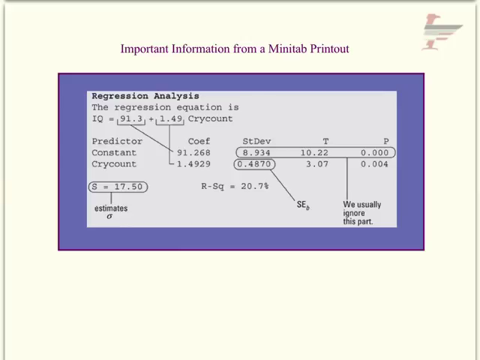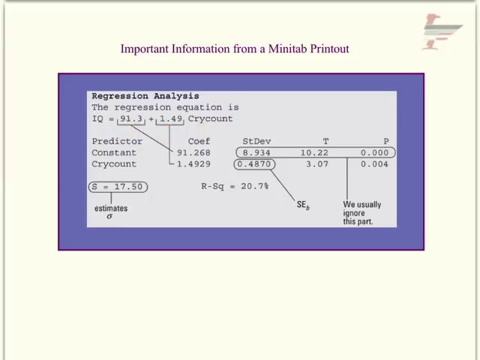So for the most part, the regression information that you have to deal with in terms of inference is computer output information. In the first video I talked about IQ score versus how much an infant cries, so go back and look at that if you want more information on the problem. Here is the computer output of that information, and notice it says the regression equation is IQ equals 91.3 plus 1.49 times cry count.